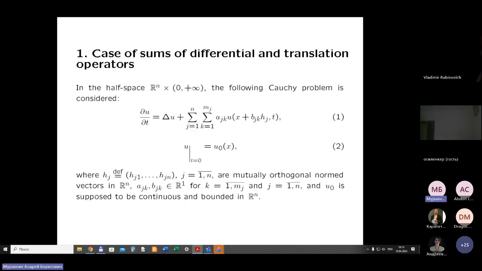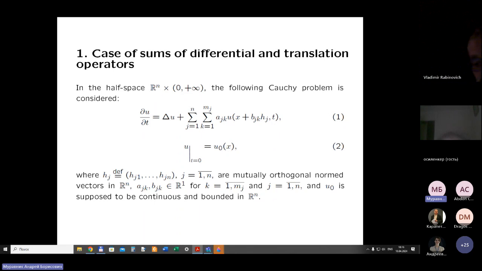Let us start from, okay, I have to explain that when we consider differential difference equations, then it is reasonable to separately consider two big classes of such equations.